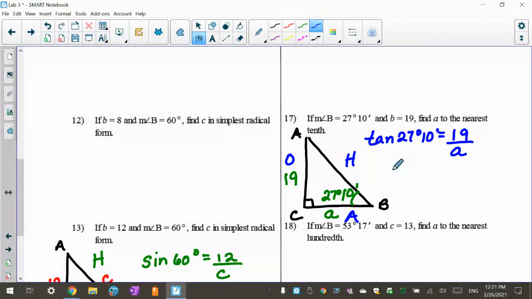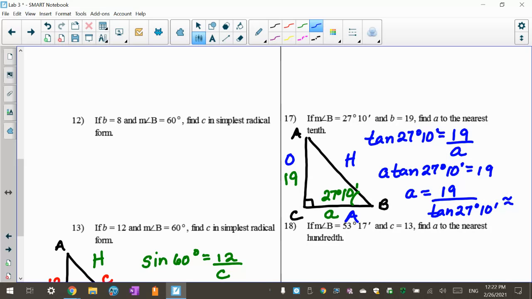So I've got to cross multiply: a times the tangent of 27 degrees 10 minutes is going to equal 19, and then divide by that. So a is 19 divided by the tan of 27 degrees 10 minutes. When I do that, to the nearest tenth, a comes out to be 37.0.